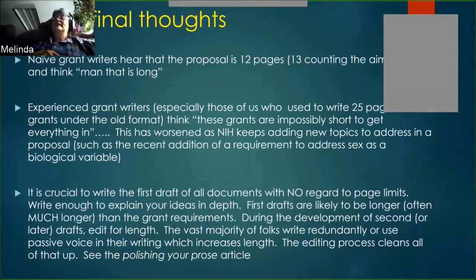And you may find it needs to be 5, 6, 7 pages long to get all of your thoughts in, all of the description in, all the significance in that you think is needed for that hypothetical reviewer to be reading your grant. However, then you edit it later.